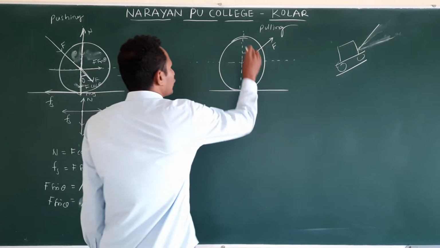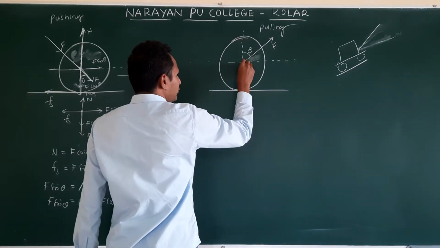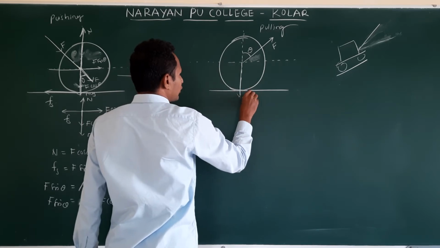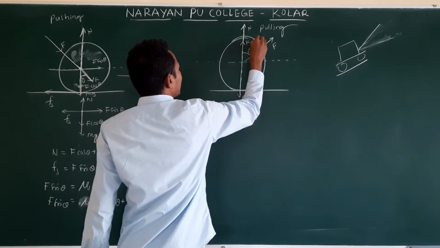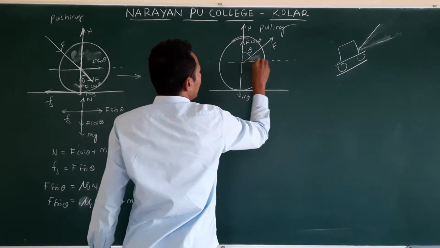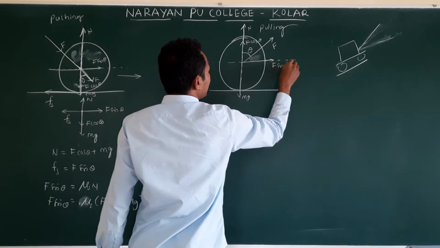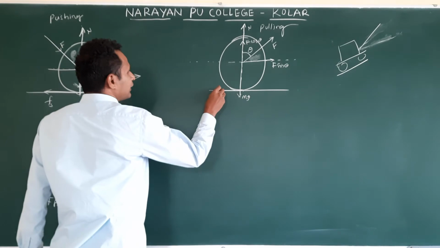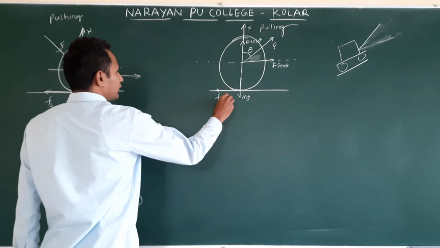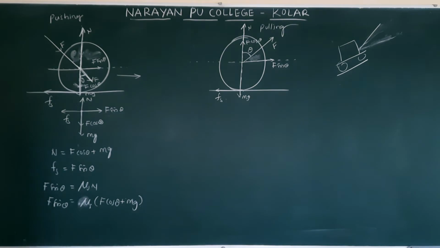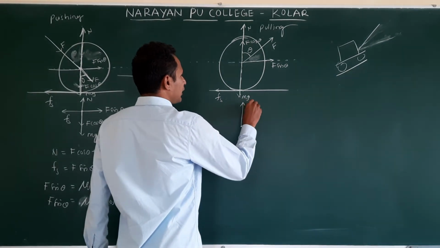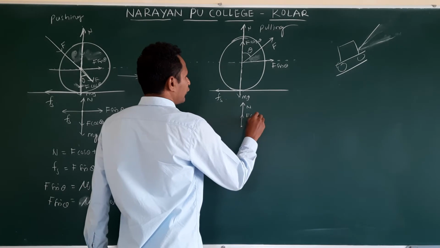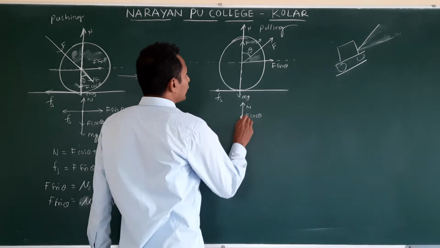Okay, now what are the forces acting? Mg acting downwards, normal reaction acting upwards, F cos theta acting upwards, another component F sin theta acting horizontally, and friction acting in this direction, Fs. Okay. Now free body diagram: N acts up, F cos theta, right?